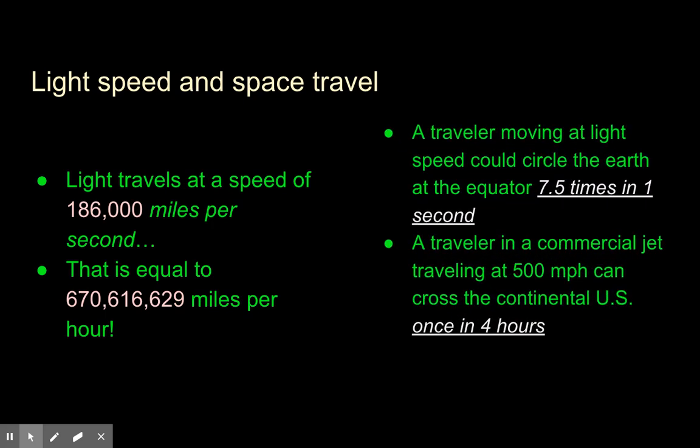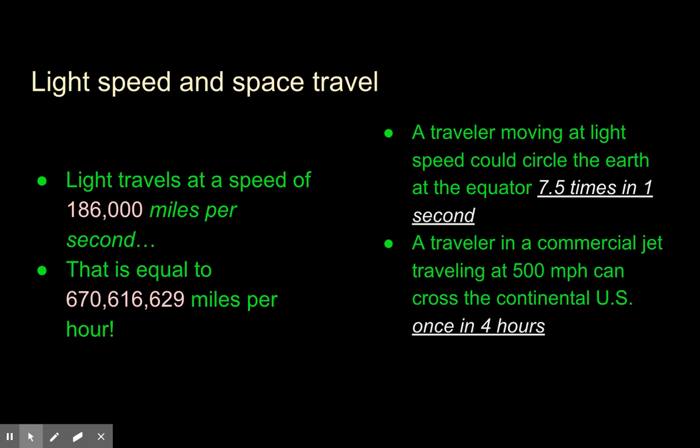So let's take this into account. If you were traveling at light speed, you could circle the Earth at the equator 7.5 times in 1 second. Let's compare that with how fast a commercial jet or an airliner travels.